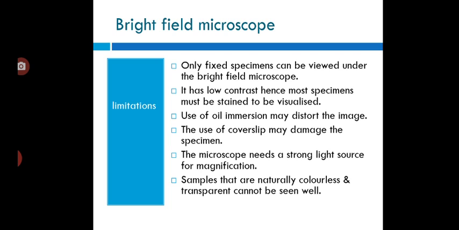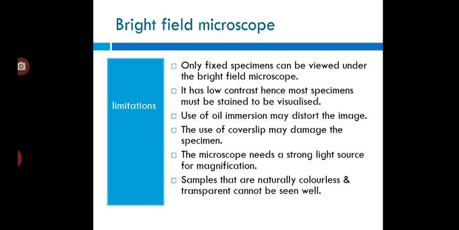Next, coming to the limitations of the bright field microscope, it includes: only fixed specimens can be viewed under the bright field microscope. It has low contrast, hence most specimens must be stained to be visualized. Use of oil immersion may distort the image.